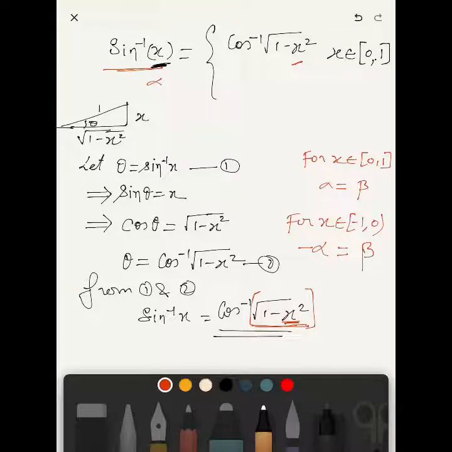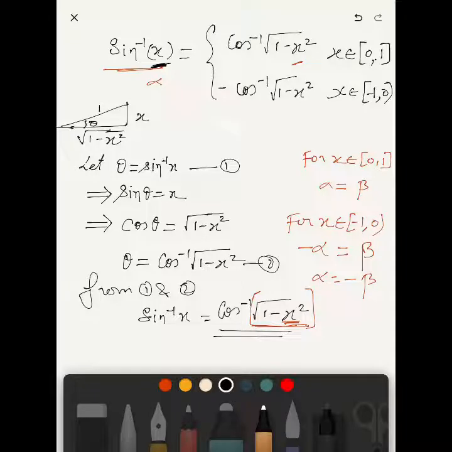So what will alpha be here? Alpha will be equal to minus beta. Okay, multiply by minus on both sides. What is the answer? Minus cos inverse under root 1 minus x square, when x belongs to -1 to 0.